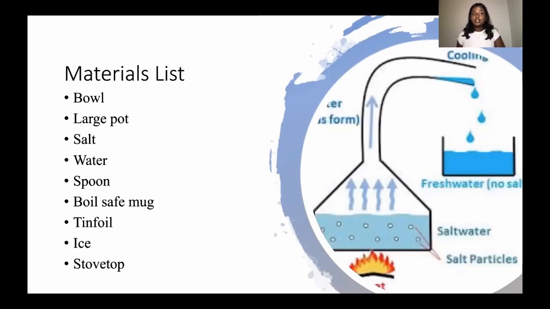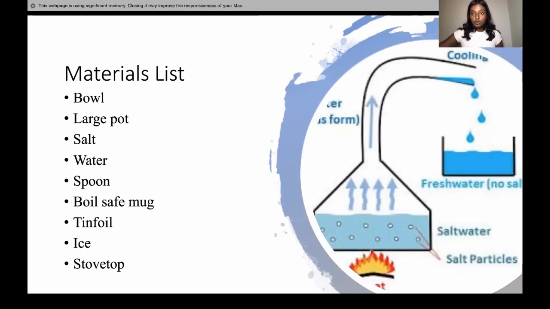So your material list. I'm going to just show you what I've picked out for the experiment and what I'm going to be using. You're going to need a large pot first, just so you can mix your salt water. And then you're going to need a bowl. Sorry, I'm getting confused. Then you're going to have salt.